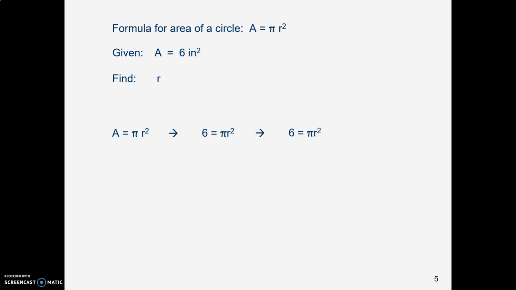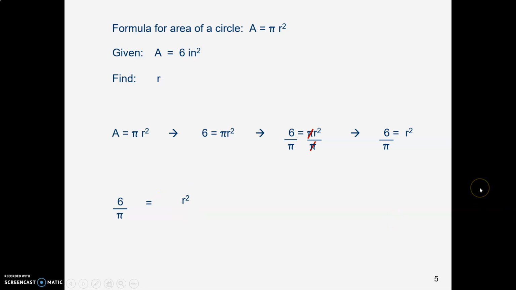If we do the same thing to both sides, they are still equal, so we'll divide both sides by pi. The pi's cancel out on the right side, and we are left with 6 over pi equals r squared. Alrighty, 6 over pi equals r squared. We're trying to find r. How do we get from r squared to r? We take the square root of it.